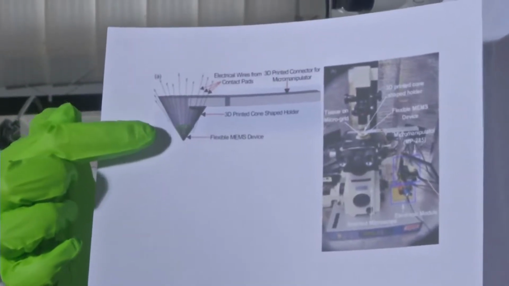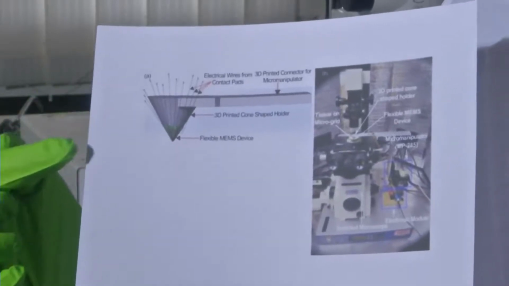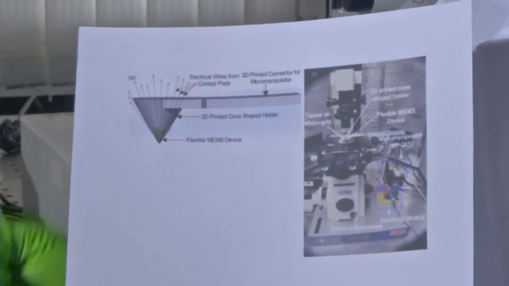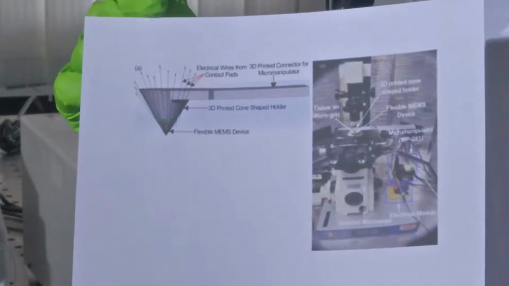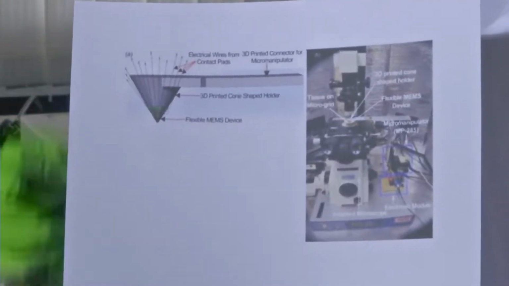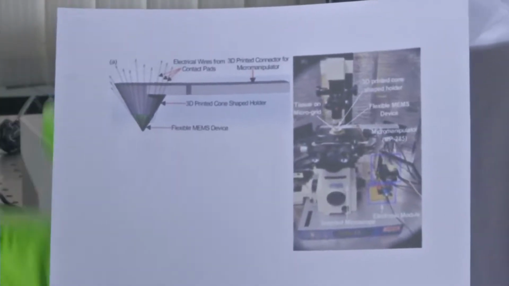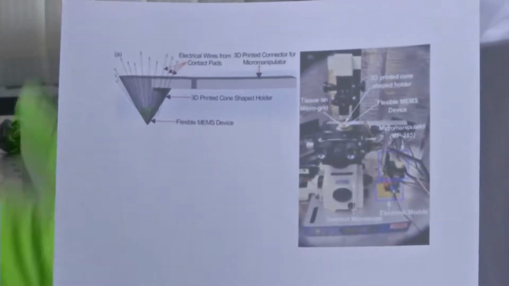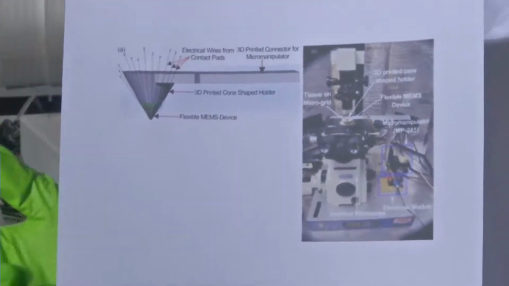This electromechanical sensor was designed and fabricated to study the electrical and mechanical properties of tissues. Mostly it was tested on breast cancer tissues, and using this you could clearly understand that there is a change in the electrical and mechanical properties when you compare the normal with the malignant tissues.